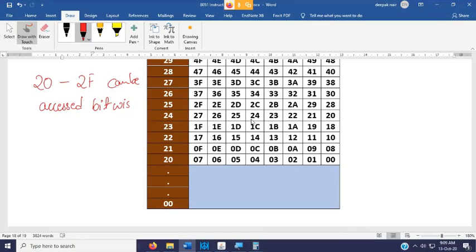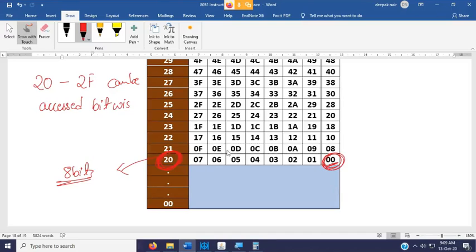Address 20 starts from bit address 00. So 20 has got 8 bits. You can access the individual 8 bits by using 00, 01, 02, 03, 04, 05, 06, 07. So these are the addresses for all the individual bits of 20.